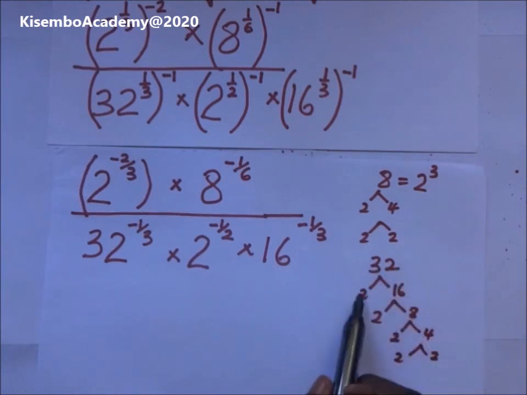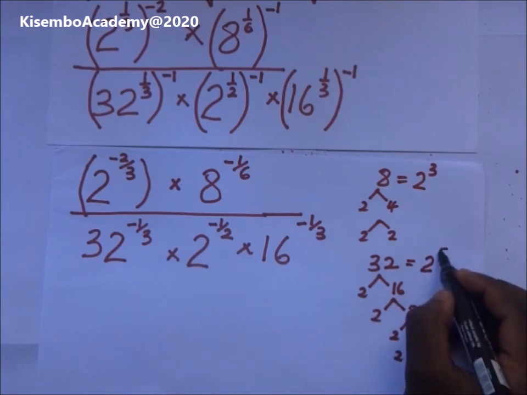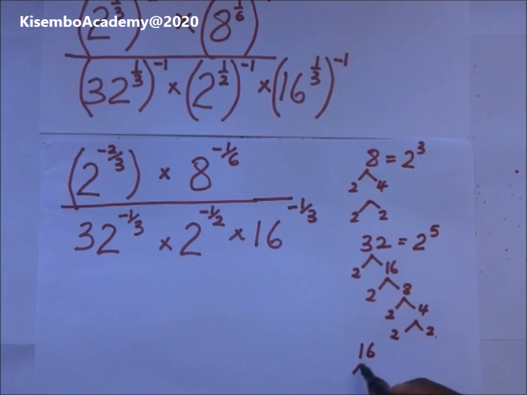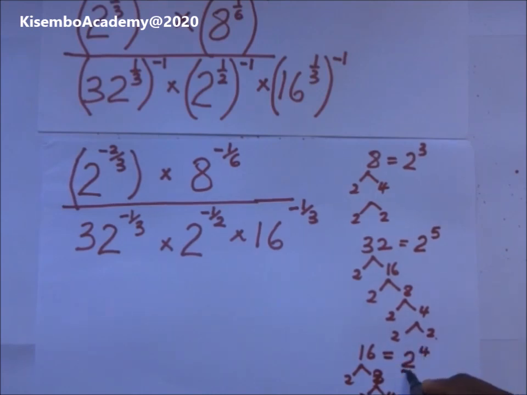So 32 is 1, 2, 3, 4, 5. 32 is the same as 2 to the power 5. If you look at 16, same story. Divided by 2 you get 8, divided by 2 you get 4, divided by 2 you get 2. So 16 is the same as 2 to the power 4.